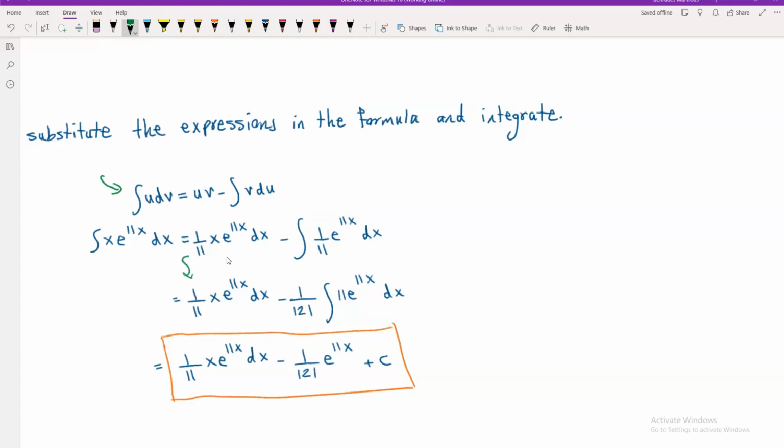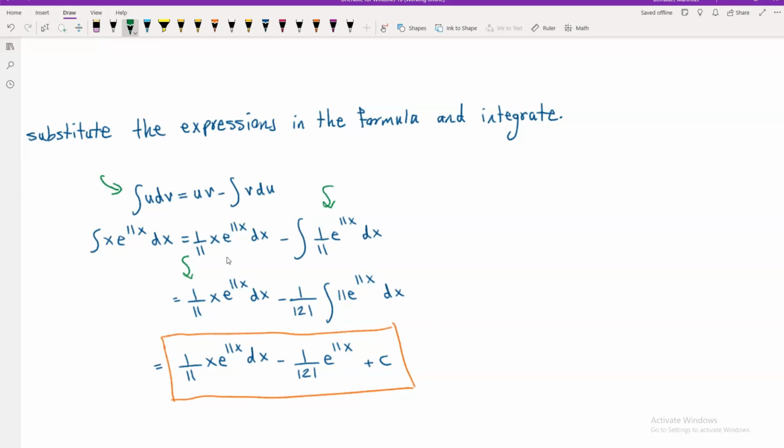Rewriting this part, I'm going to use 1 over 11 times 1 over 11, then the integral of 11 times e to the power 11x times dx.